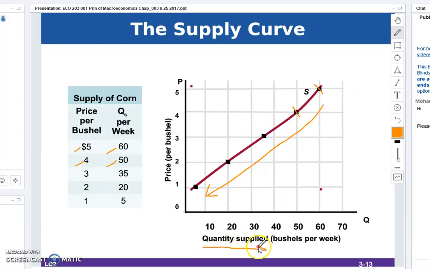When quantity supplied increases, price will also increase. So if you go down this column, price decreases, goes from 5 to 4 to 3. Quantity supplied also decreases: 60, 50 and 35. This is a direct relationship, right?